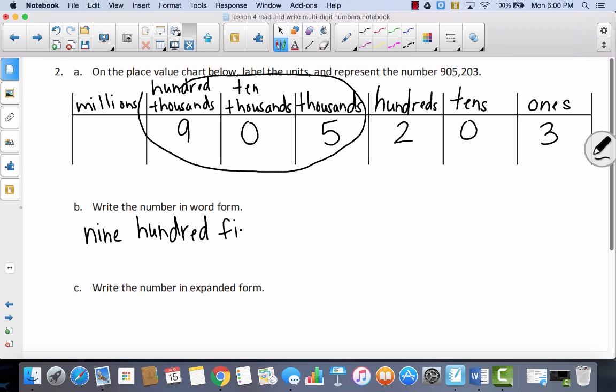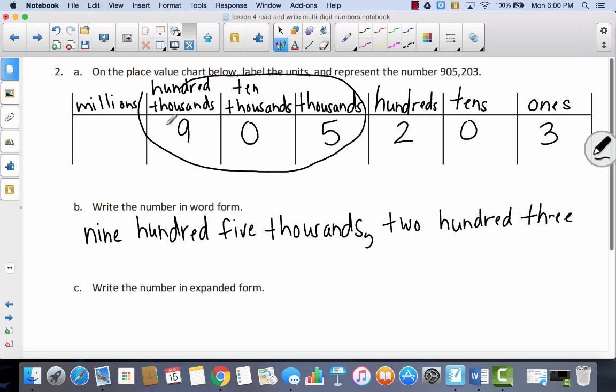Now I'm going to say their value. These are the thousands, so it's 905 thousands, comma, 203. So since this 9 is in the 100,000s place, it has a value of 900,000.